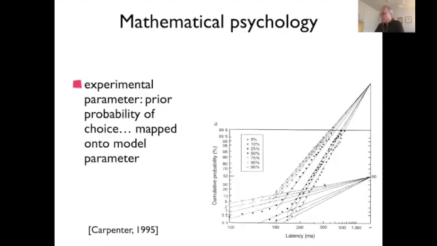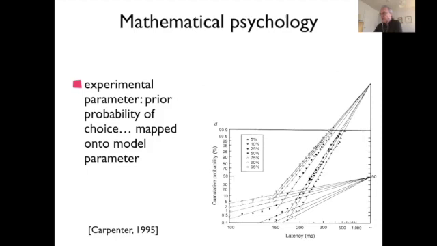These are examples. This is plotting the cumulative probability as a function of latency, for saccadic eye movements, where people call reaction times latency. So this is an example of a reaction time distribution plotted in this particular form. By fitting curves through these data points, you can determine the parameters of the underlying diffusion model.